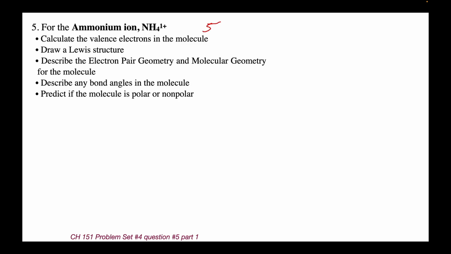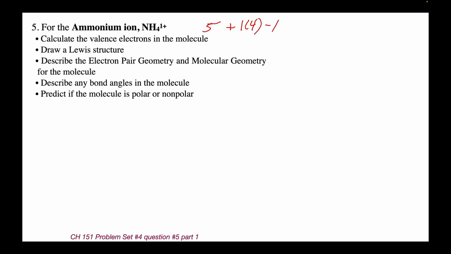Nitrogen is 5. Hydrogen is 1, and there's 4 of them. But here's the thing. Positive 1, which is what this thing is, means it's missing an electron. So I'm actually going to subtract an electron here. If it was a negative ion, like a -1, I would add an electron. But positive 1 means it's missing electrons, and that's what we're counting.